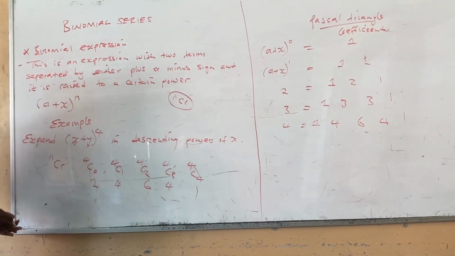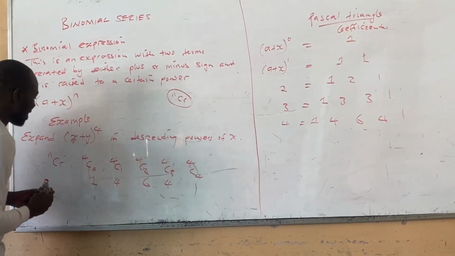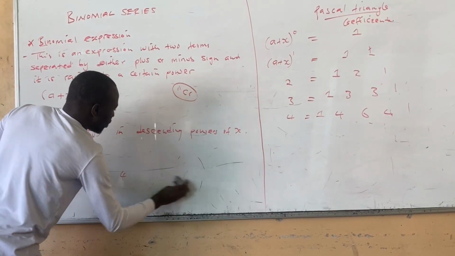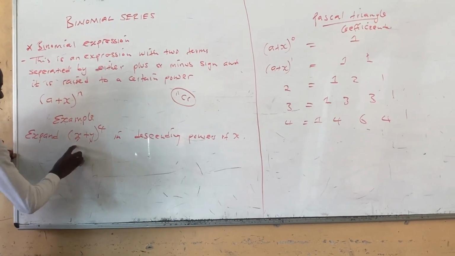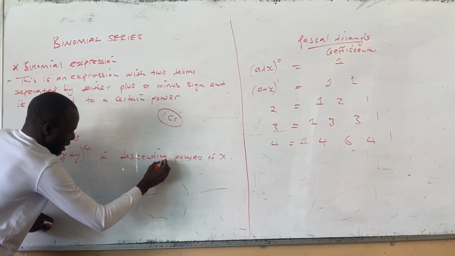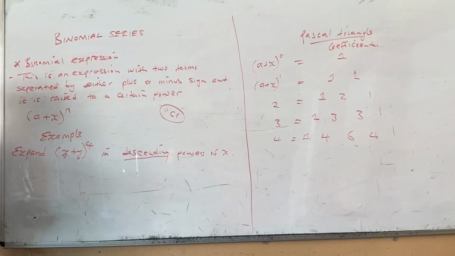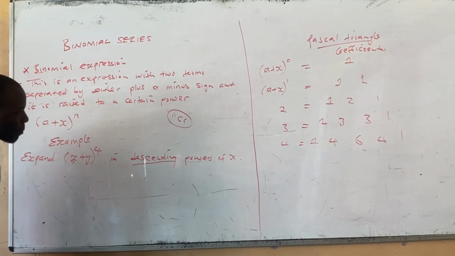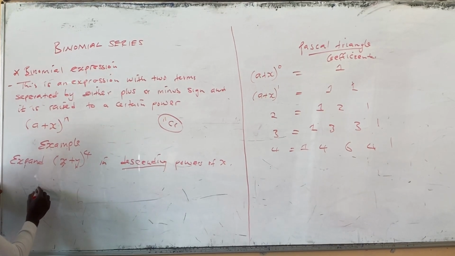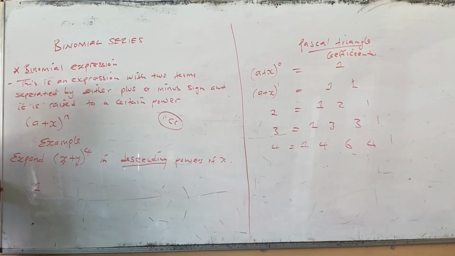Okay, so now since we know the coefficients which we have there, let us try to expand this binomial expression in descending powers of x. Simple. Get the first coefficient, which is 1. So we'll get 1, that is our first coefficient.